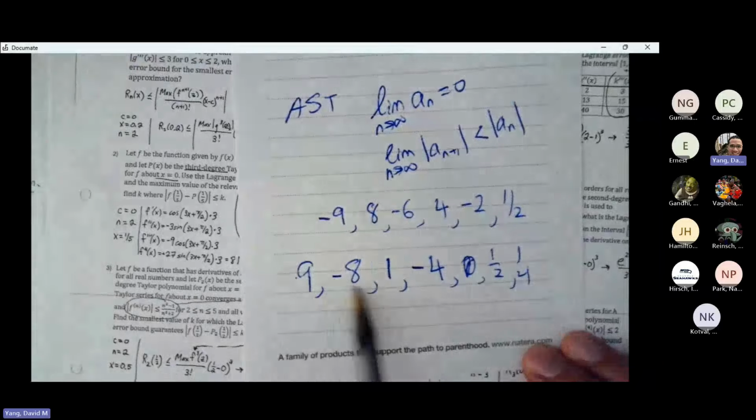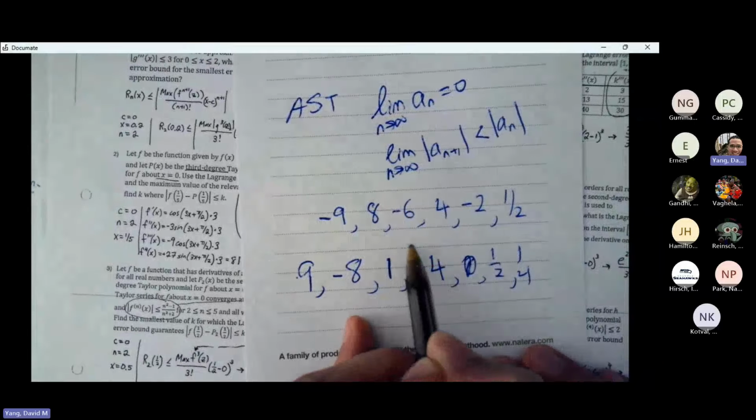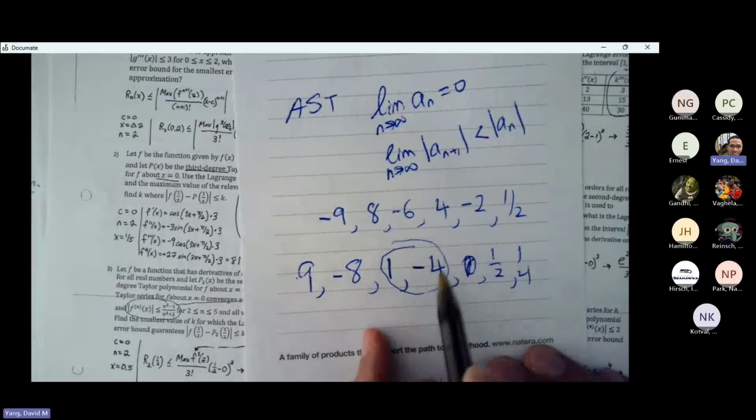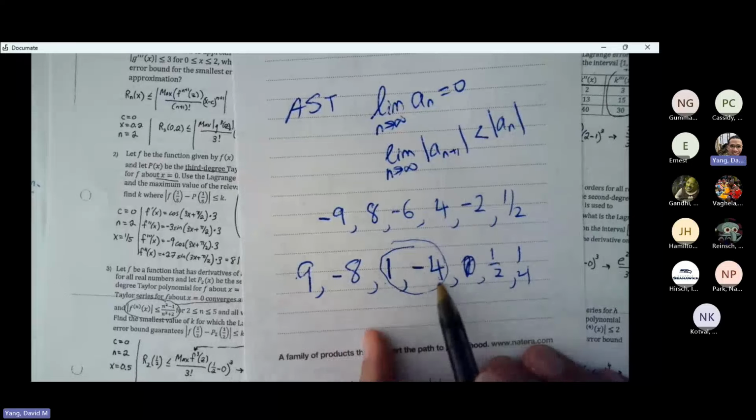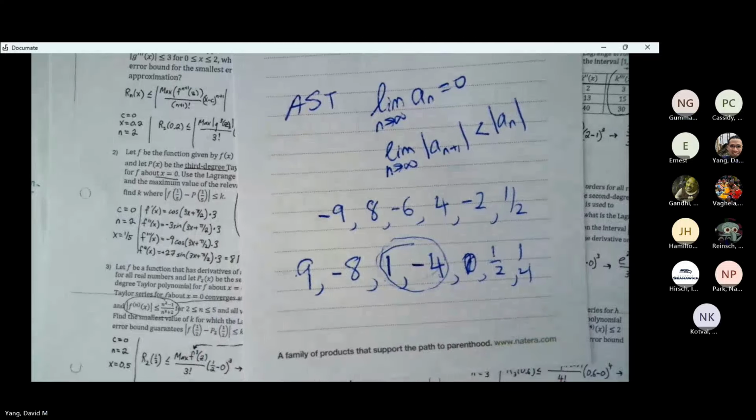Technically it is eventually headed towards 0, but it breaks down here. Even though this is less than this, the absolute value of this is not less than this. So if it breaks down, we can't use AST. So this one diverges.